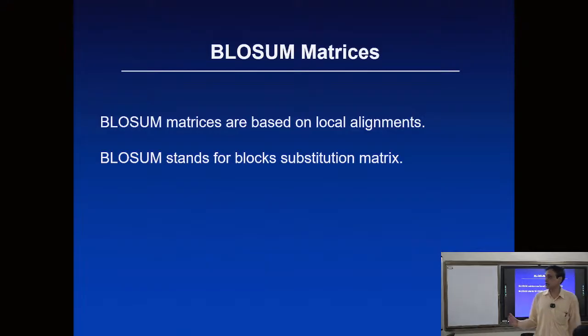The whole idea was to align the sequences in protein families and then extract the ungapped regions from the alignment. Okay, so just discard those regions that have gaps, only extract the regions that have no gaps.